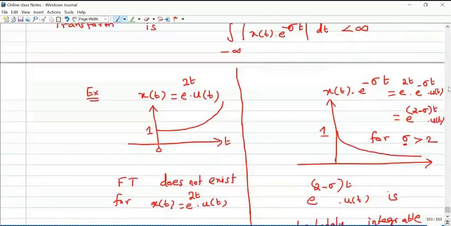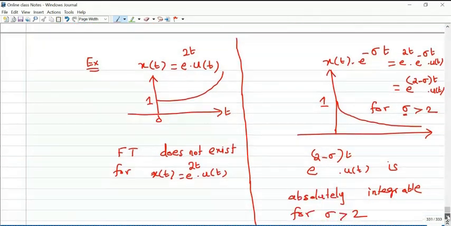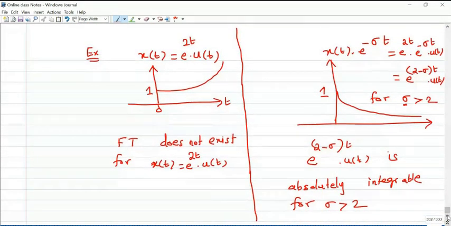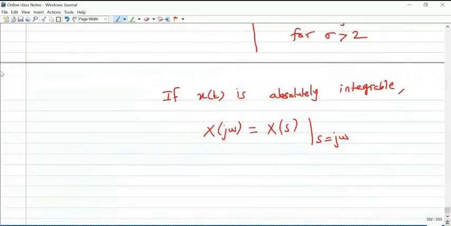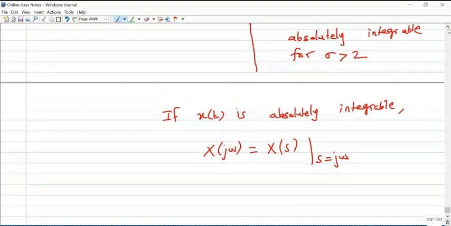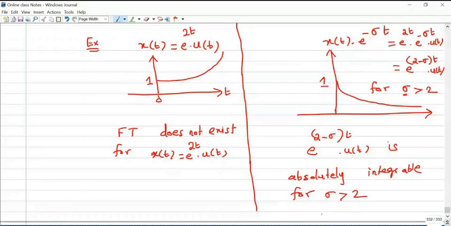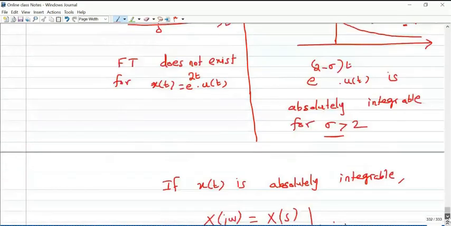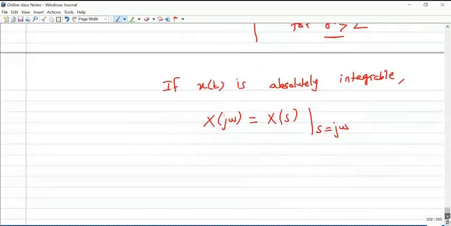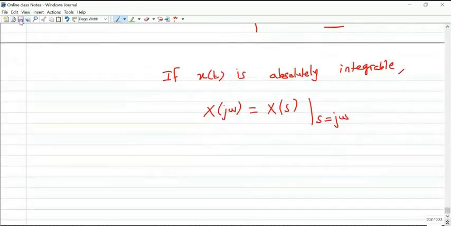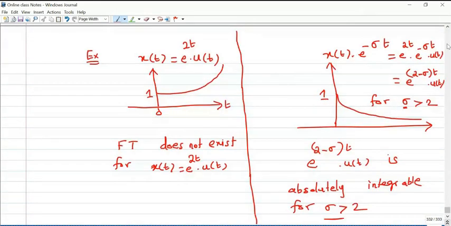If not, then we cannot say x of j omega equals x of s, because s equals sigma plus j omega. The sigma will come into the picture now if x of t is not absolutely integrable. So these are some basics about the relationship between Fourier transform and Laplace transform, and why we go for Laplace transform.